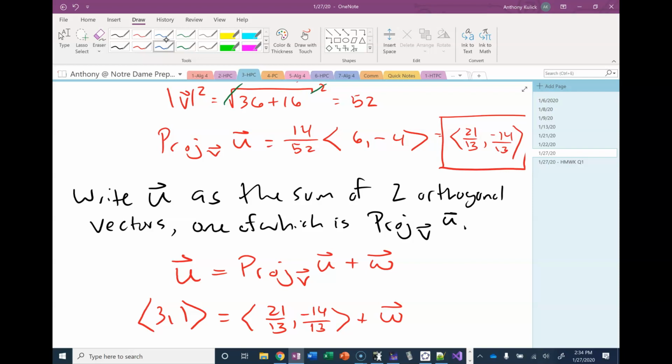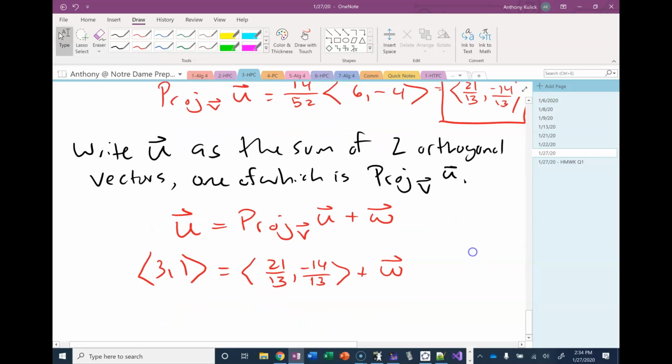What were the points of that? 6 and negative 4. So how am I going to find w? I'm just going to subtract this vector from both sides.